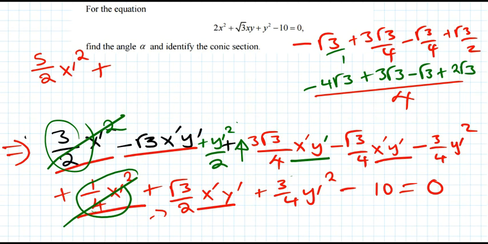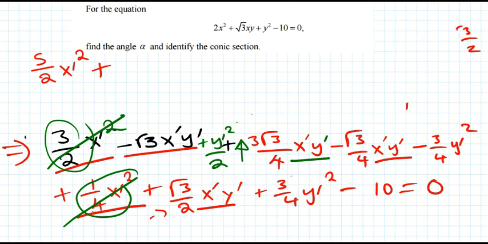If you look at negative 4 plus 3 root 3, that's going to be a negative root 3, and then minus root 3 plus 2 root 3, so this is going to be a negative 2 root 3 plus 2 root 3, which is going to be a 0 over 4. So that part is going to be eliminated completely. This part, that part, that part, and that part, which was our goal. We wanted to eliminate the xy part.